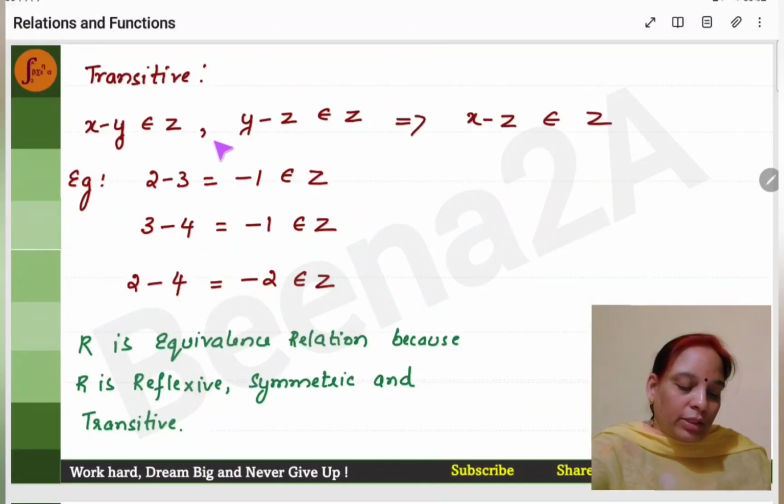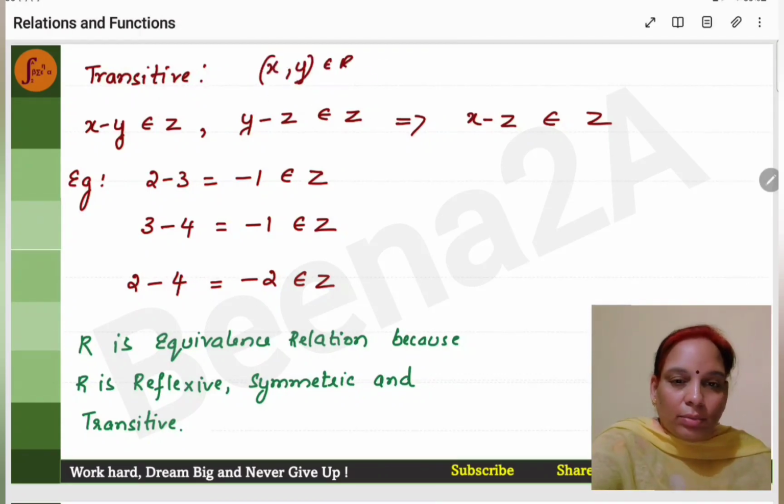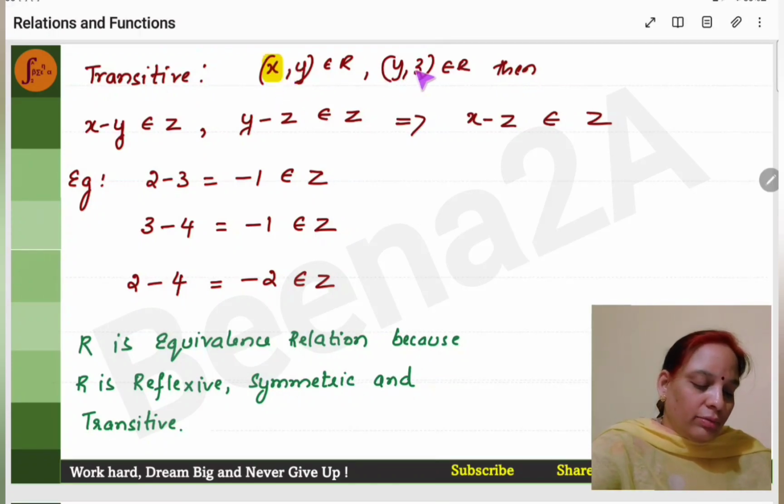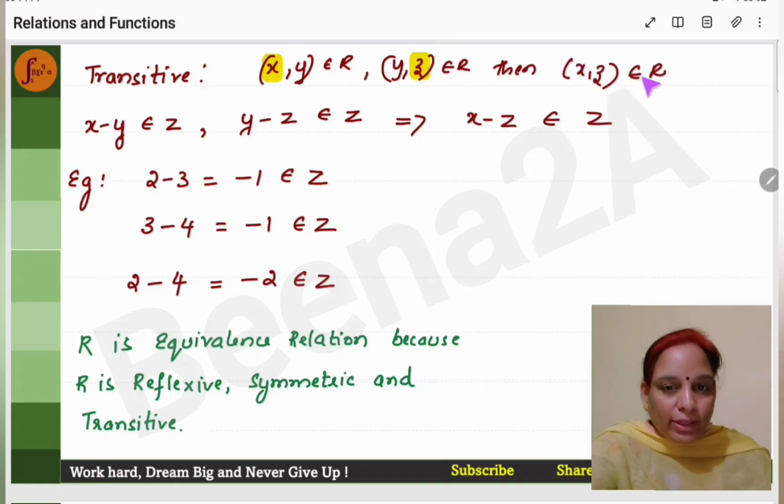Now let's look at the transitive case. For the transitive case, we should have a combination like this. If x, y belongs to R and y, z belongs to R, then the first and fourth element, that is x comma z, should belong to R. Then we say R is transitive.